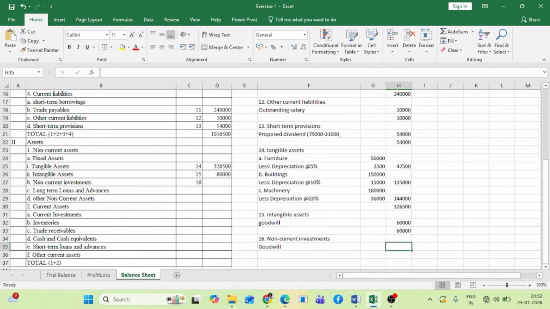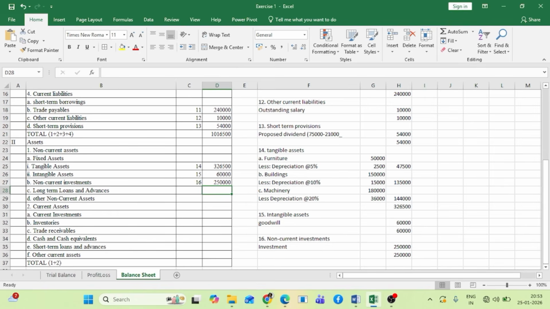Investment amount is 2,50,000. So I'll show 2,50,000 here. The total of this is 2,50,000. I'll show 2,50,000 as my non-current investment. Now there are no long-term loans and advances.